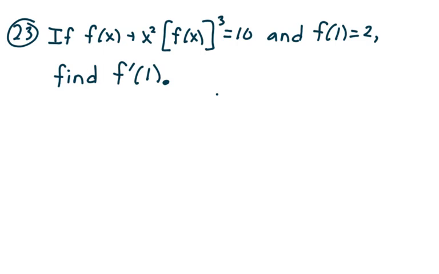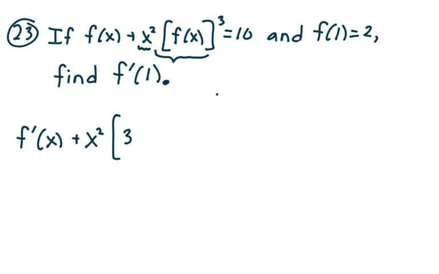Now, we're going to differentiate both sides with respect to x. So I'm going to get f prime of x plus, now I'm going to write down the first function, which is x squared. So this is classic product rule. And I'm going to take the derivative of the second function, which is f of x to the third. So there's some chain rule involved.